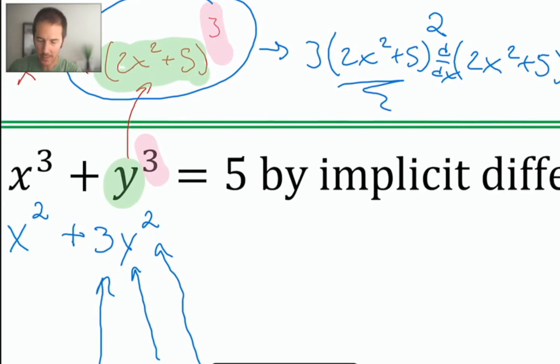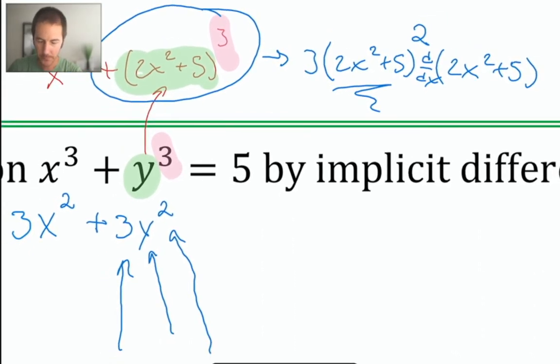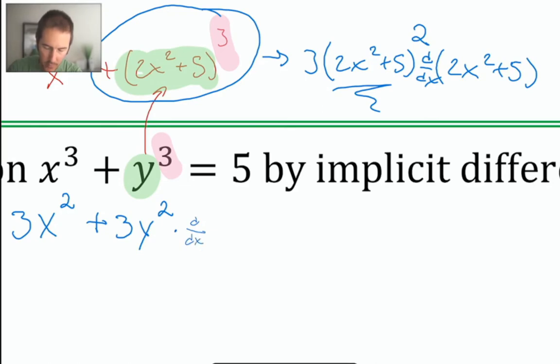We have to do that in our current problem also. We still need to, and I'm coming back down here now, we still need to multiply by the derivative with respect to x of our inner function, which in this case is y.